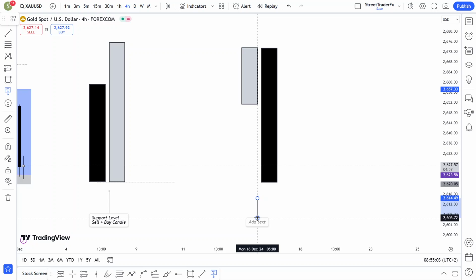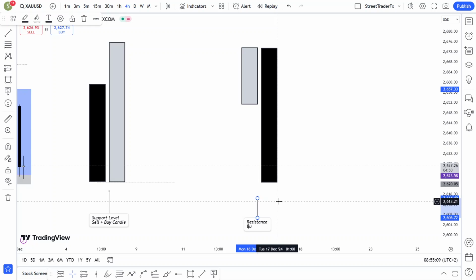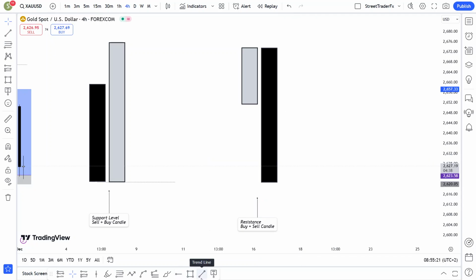So this is a resistance area, which is formed by a buy plus a sell candle. Just like with a support area, you mark your area of resistance based on the first candle.